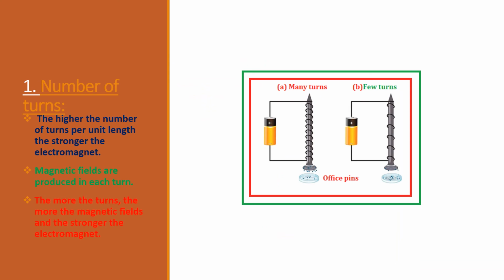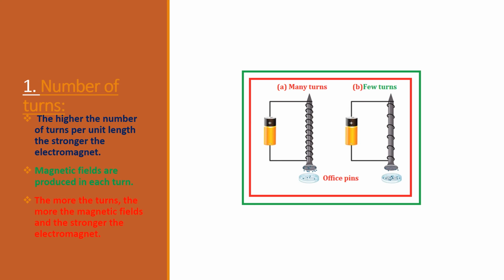Okay, how does the number of turns determine the strength of an electromagnet? The higher the number of turns per unit length, the stronger the electromagnet. Magnetic fields are produced in each turn. So the more the turns, the more the magnetic fields, the stronger the electromagnet.